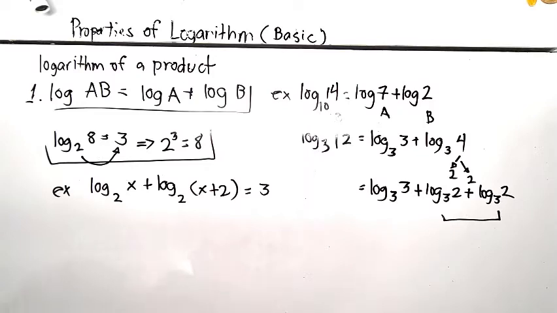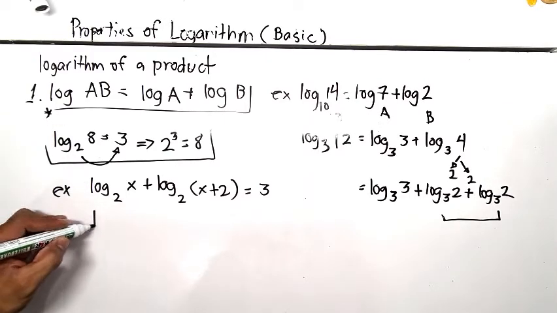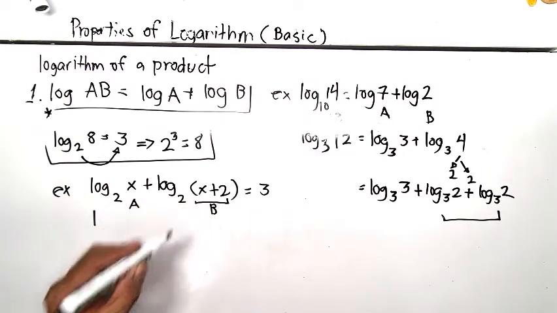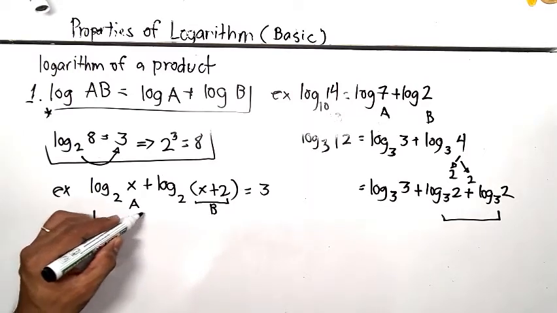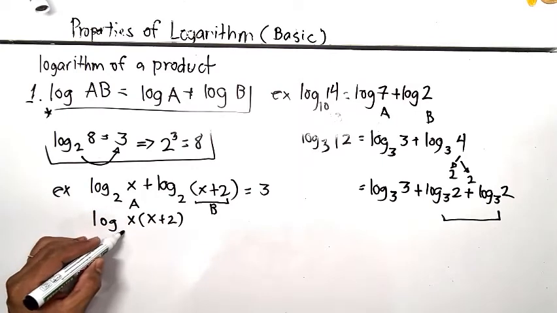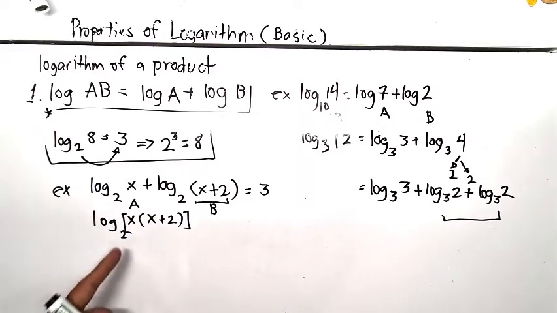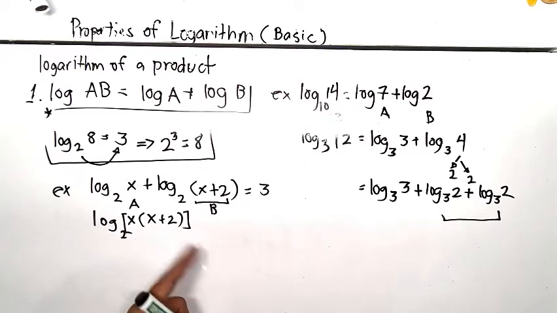The first rule that you have to apply is this, or the reverse of this. So let's say this is A, this is B. We can write this as one logarithmic expression: logarithm to the base 2 of x times the quantity x plus 2.